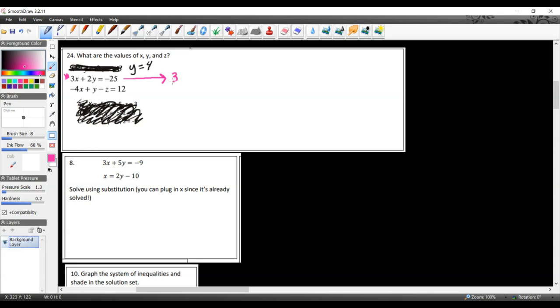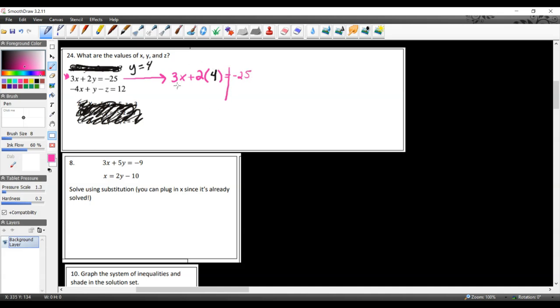It's going to be 3x plus 2, but instead of y, I'm going to plug in my 4 because y is equal to 4. Okay, and that is going to be equal to negative 25. Okay, and I'm just going to solve for x.